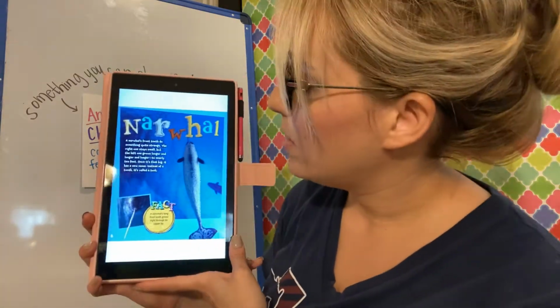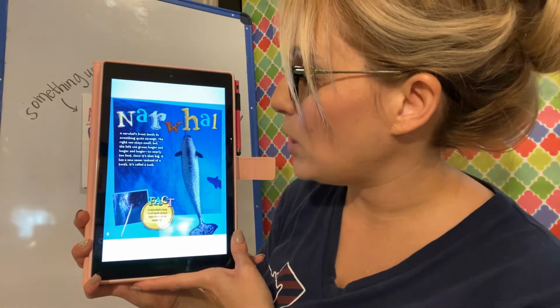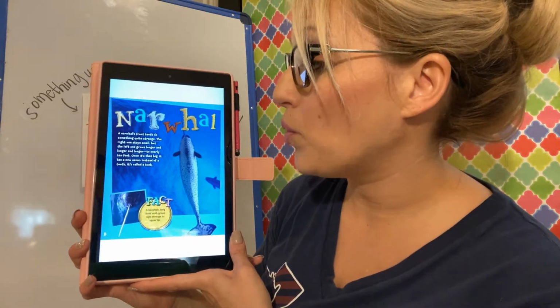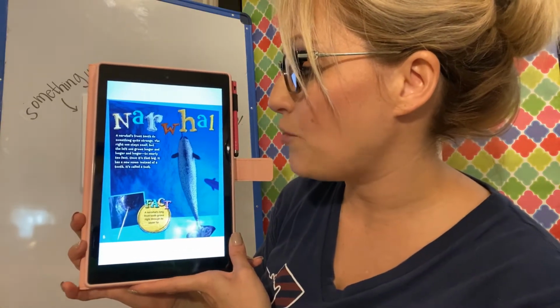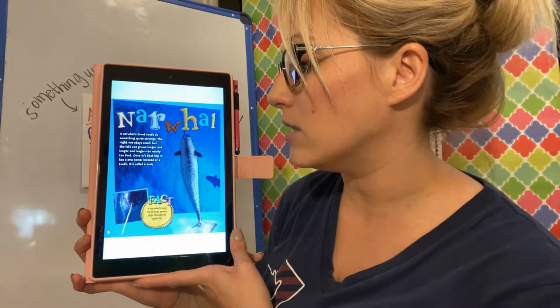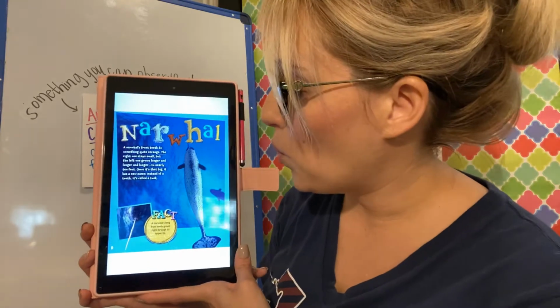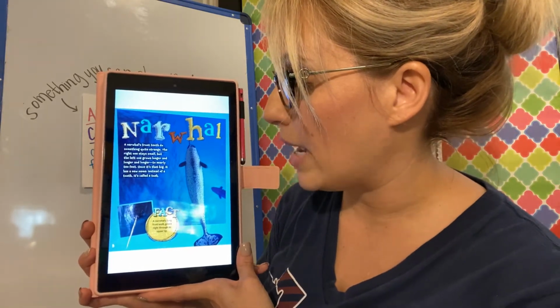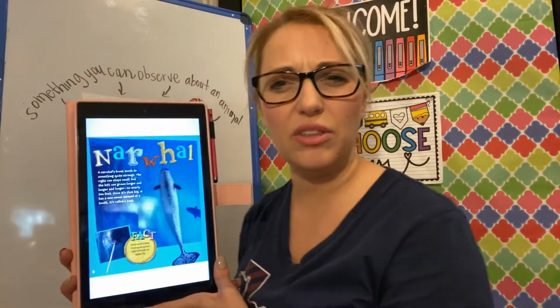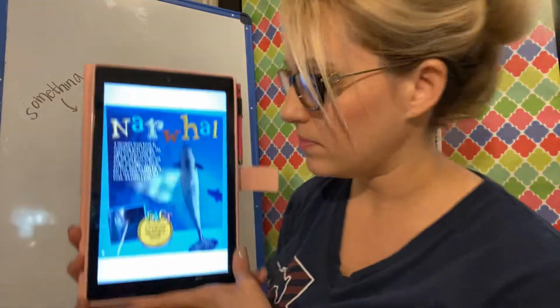Narwhal. A narwhal's front teeth do something quite strange. The right one stays small, but the left one grows longer and longer and longer to nearly 10 feet. Once it's that big, it has a new name. Instead of a tooth, it's called a tusk. Can you think of any other animals that have tusks?